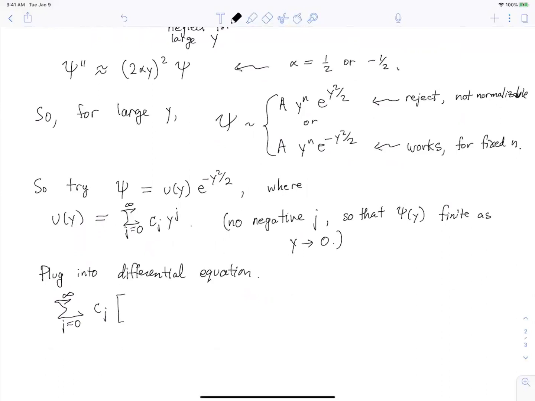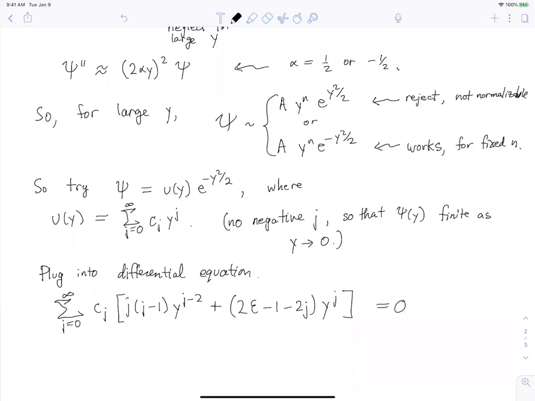And now from taking the two y derivatives, the double prime, you get j times j minus 1 times y to the j minus 2, plus 2 times our curly e minus 1 minus 2j, all times y to the j. Okay, and that whole thing has to equal 0.